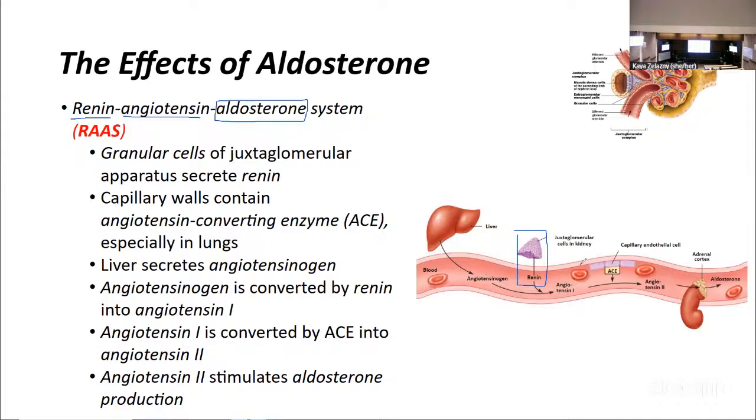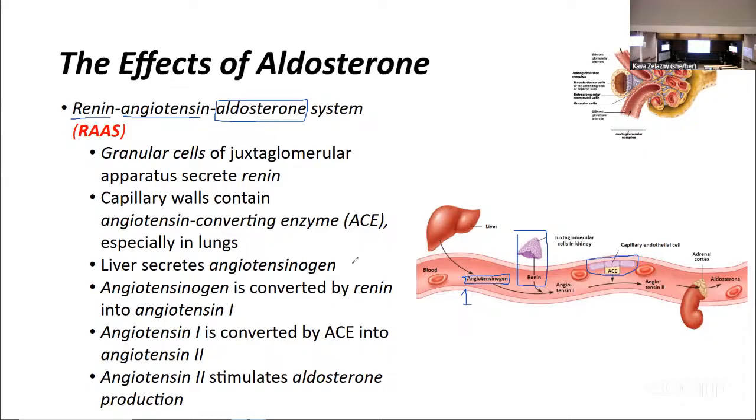We can see here that we have endothelial cells with an enzyme on them. ACE here is our angiotensin converting enzyme. What's happening here is that we see our liver secreting angiotensinogen. So this would be our first step.